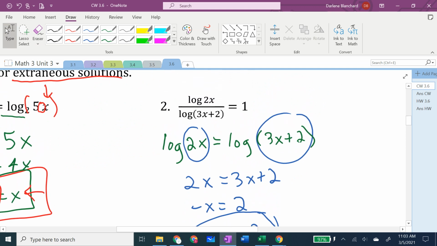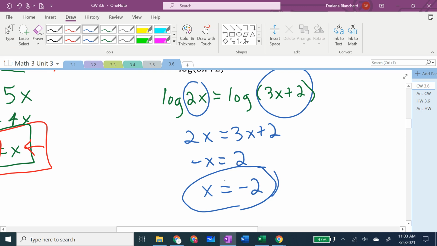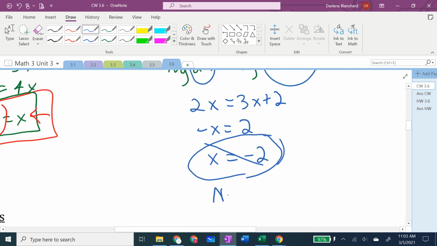So if -2 is my x, and I put that -2 in here, I multiply it by a +2, a -4 is supposed to go in that logarithm. That means that this is an extraneous solution. And since it's the only one I was able to get out, and it's extraneous, that means there is no solution.